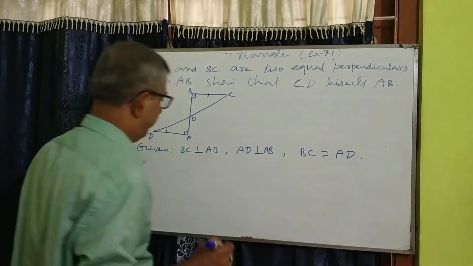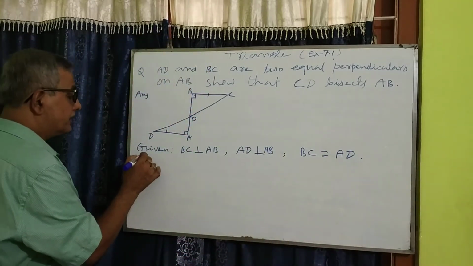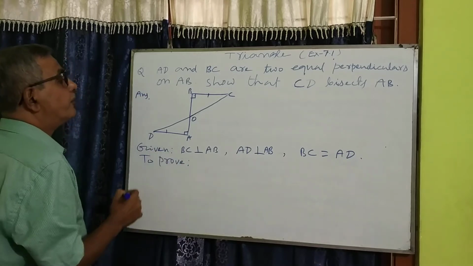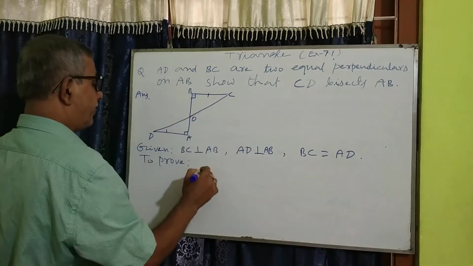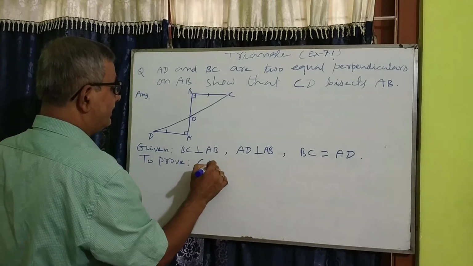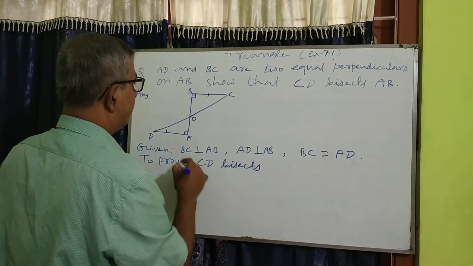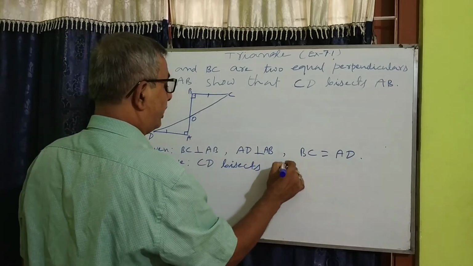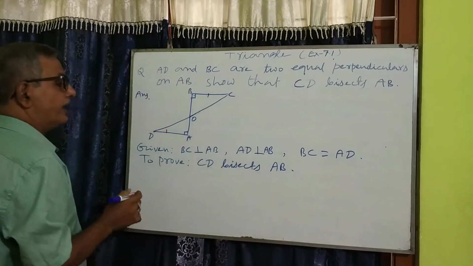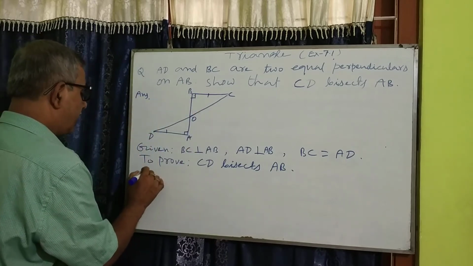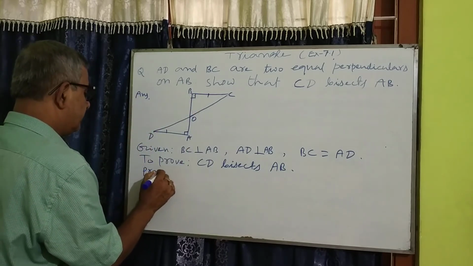It is also given. Now to prove. What is to prove? CD bisects AB. Bisect means this is equal to this, you have to prove. Now I start the proof.